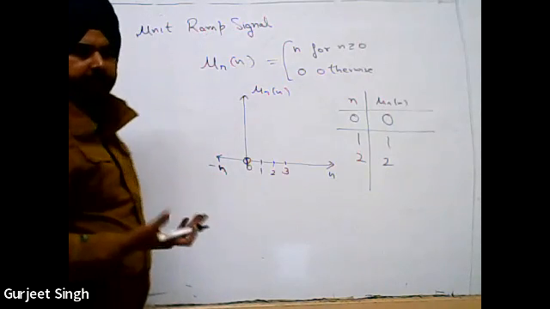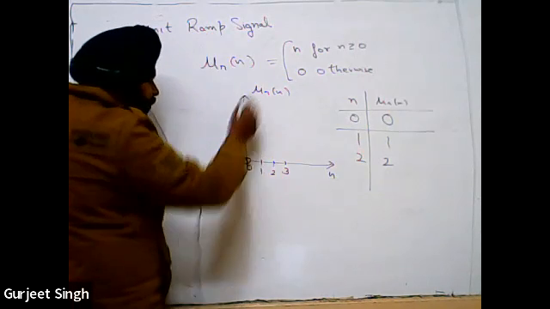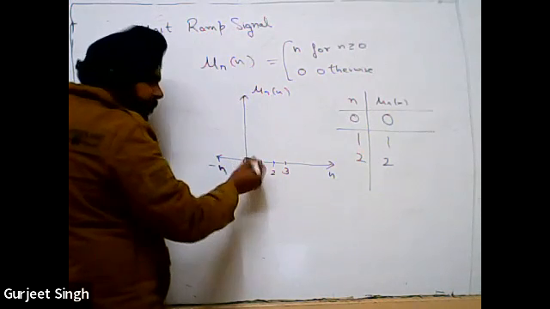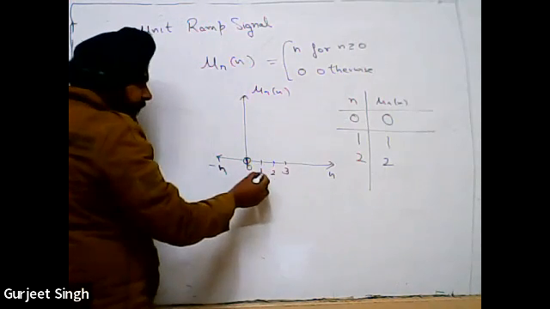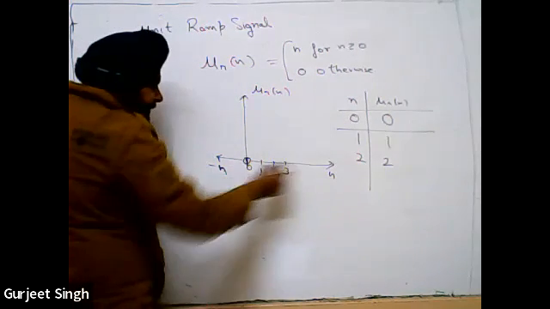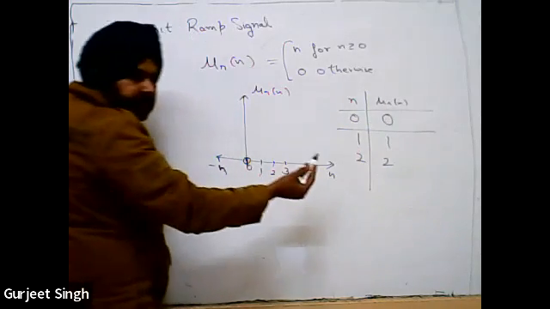That is the unit ramp signal. So at 0, U R(n) is 0. Now I am taking n equal to 1. What is the U R(n) value? It is again 1.